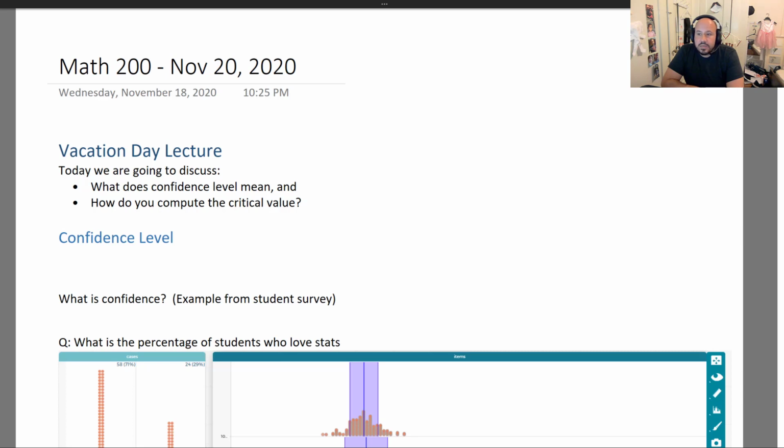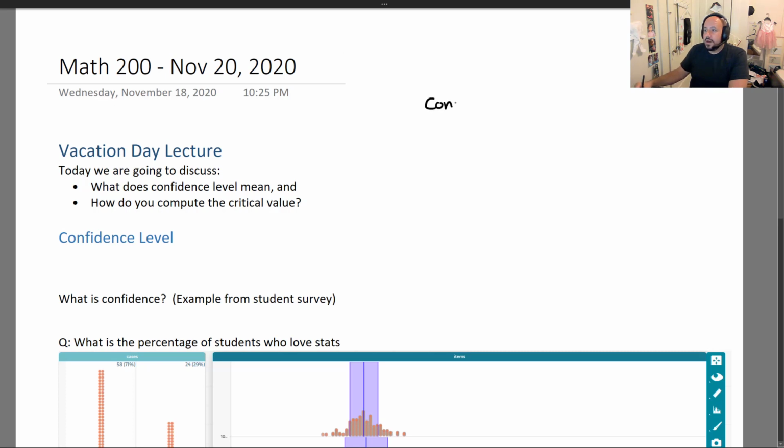a confidence interval estimate. So just to remind everybody what we've been doing, we've been making what we call confidence interval estimates. The idea behind the confidence interval estimate is that we start off and we fix a confidence level.